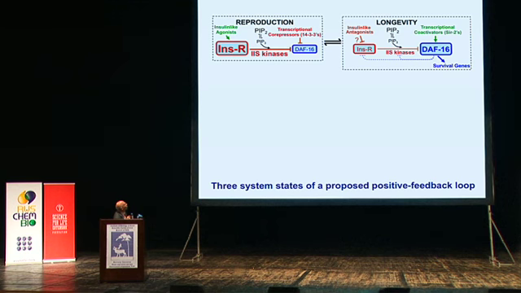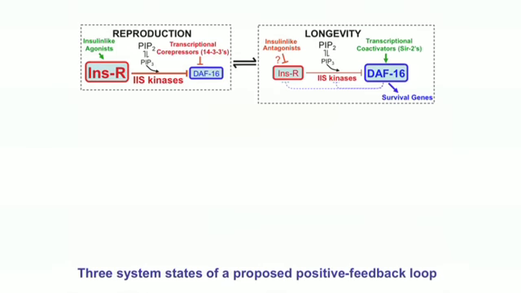And so you have a state now where DAF16 dominates, but it's a balance, and you can reverse this by changing these other cofactors, and you can flip back and forth between a longevity mode and a reproduction mode. And that's what normally happens in the lifespan of C. elegans.